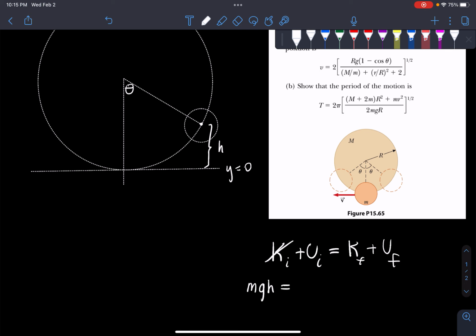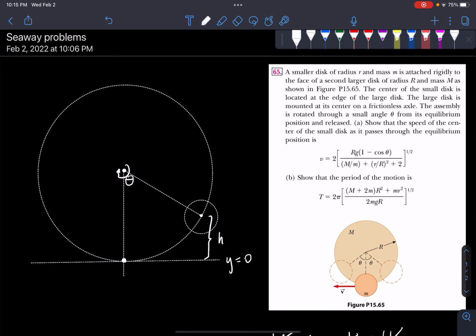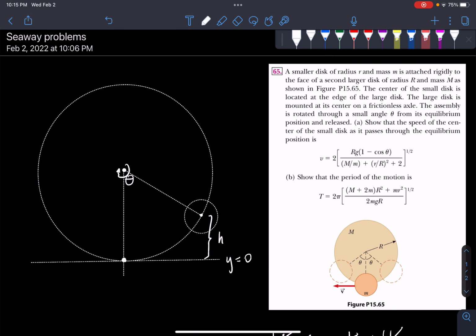Okay, and then there's not going to be any final potential energy at the equilibrium point right here, but there will be kinetic energy. It's going to be rotational kinetic energy because this disk is rotating about this center point, as it says in the problem. It says mounted at its center on a frictionless axle.